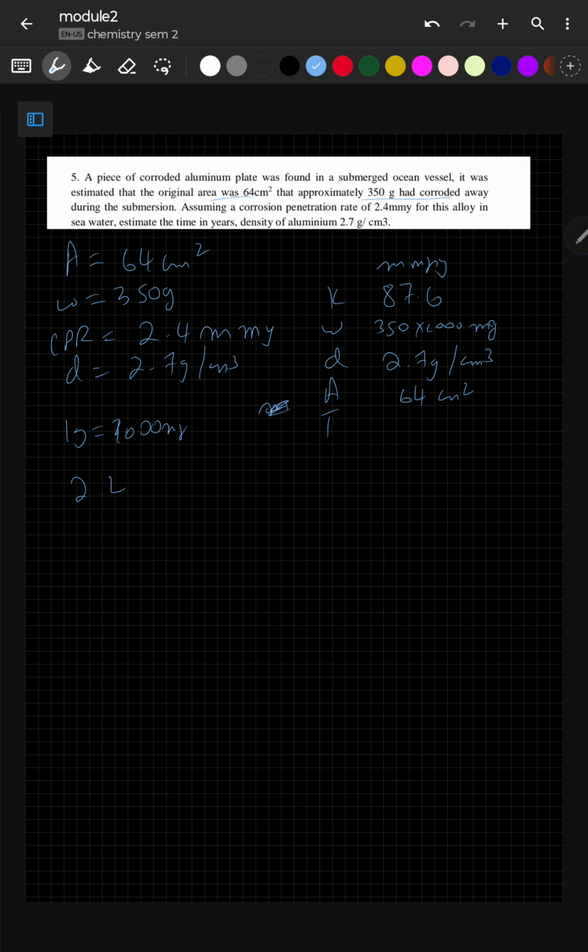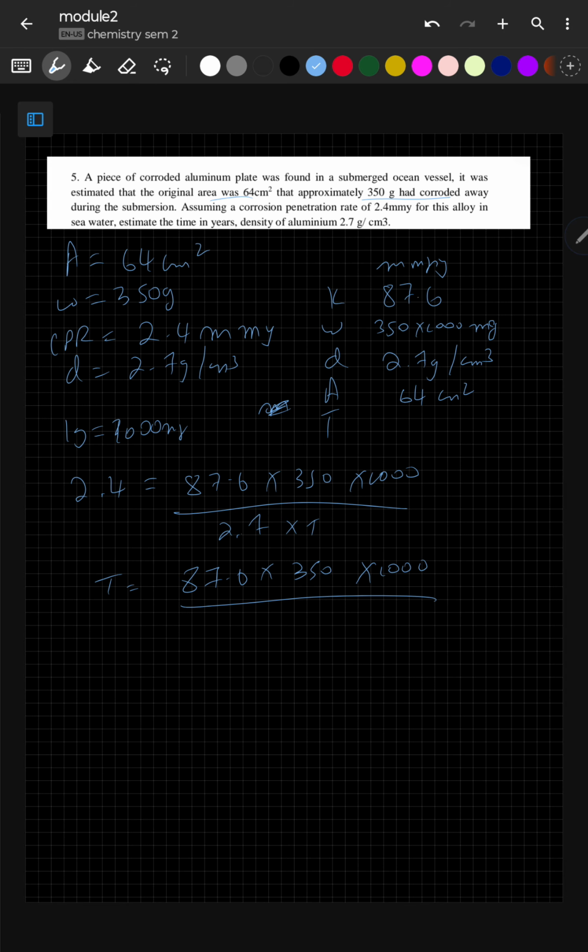So 2.4 equals 87.6 into 350 into 1000 by 2.7 into t. So t equals 87.6 into 350 into 1000 divided by 2.7 into 2.4.